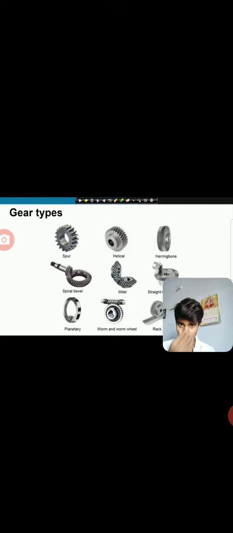Here I will show you some pictures of typical gears. This is spur and helical. This is the gear axis, and the teeth are in helixes centered around the center line of the shaft.